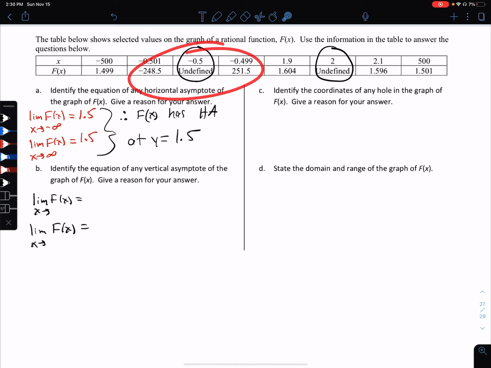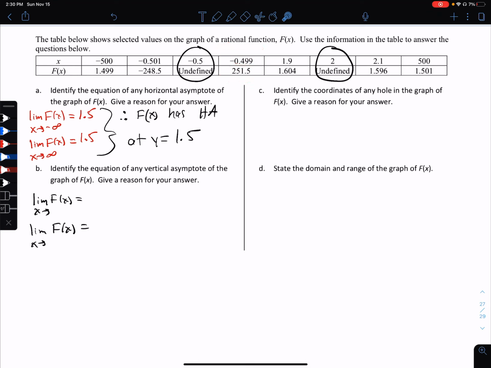If we look here, as we approach negative 0.5 from the left, these y values are getting pretty big negative. Like when we were at negative 500, it was about 1.5. Now we're at negative a half about, and it looks like this is pushing negative 250. If we approach from the right, looks like we're approaching an equally large number, but it's positive.